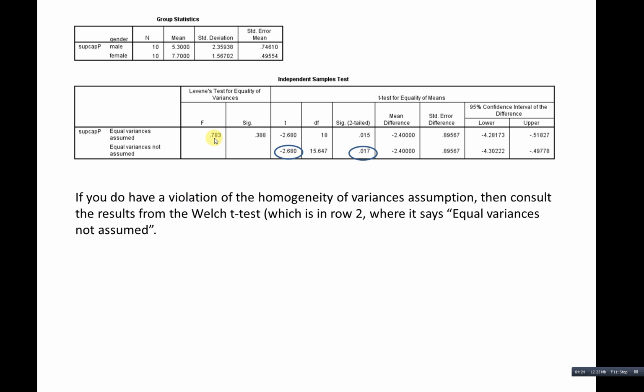So if we have reason to suspect that we have unequal variances between the two groups, then one strategy to deal with that and to mitigate against type 1 or type 2 error is to go down to the second line and interpret the Welch t-test information. What happens with the Welch test is that the degrees of freedom associated with the original test are readjusted, and you can see that it actually makes the significance test more conservative.